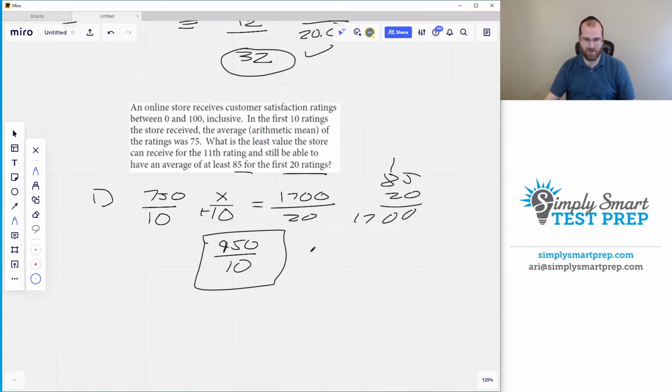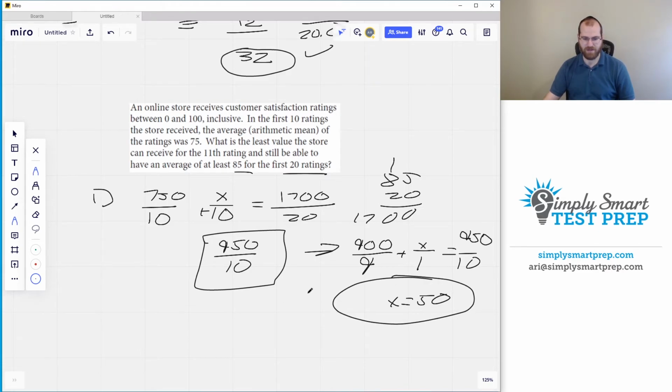Well, I can do that as follows. 900 over 9, because maximizing is going to be 100, plus x over 1 equals 950 over 10, so x equals 50, and that is my answer.